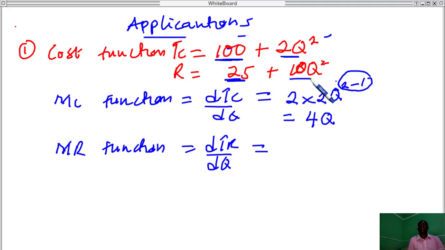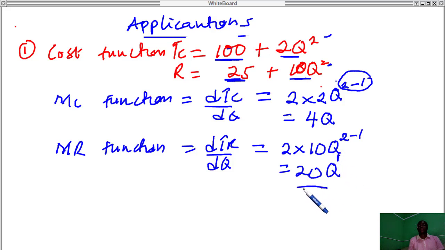But this one, you differentiate: the power is 2, so it will be 2 times 10Q raised to power 2 minus 1. So you get 20Q. 2 minus 1 is what? Is 1. So you leave it the same.